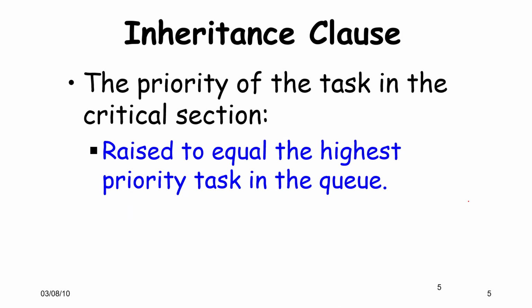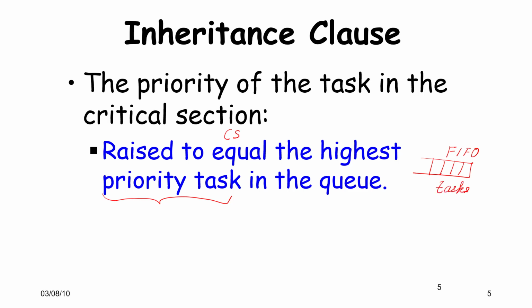The inheritance clause of this protocol will kick in, where the priority of the task that is in the critical section, which basically means the task that is using the resource, is raised to be equal to that of the highest priority task in the queue. Which queue? It is the FIFO queue that has all the tasks.